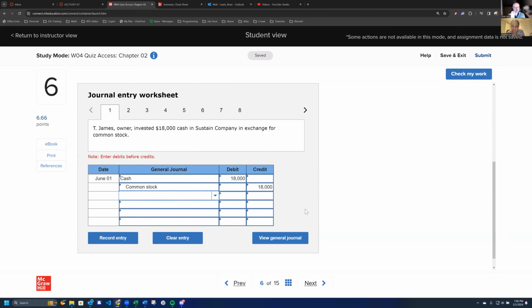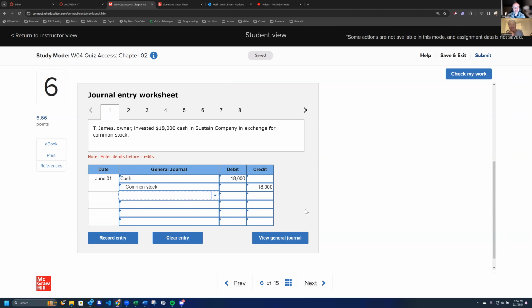Correct. And common stock is an equity account, right? And so to increase an equity account, you would credit it, because a credit for an equity account is an increase. A debit to an equity account is a decrease.